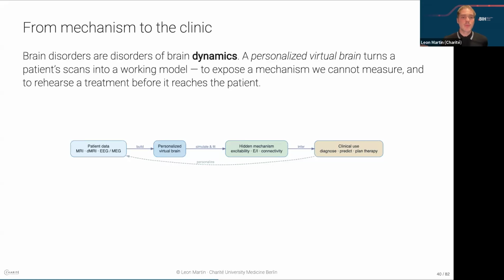We have a mechanistic approach with individual brain dynamics, so we are going into the domain of personalized medicine with individual digital brain twins, personalized virtual brains. We can take a patient scan and create a mechanistic model of disease pathology or even therapy, to derive a mechanism we cannot directly measure from empirical studies, or to go into the mathematical detail of the dynamics of a disease pathology.